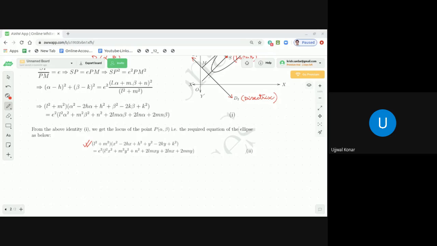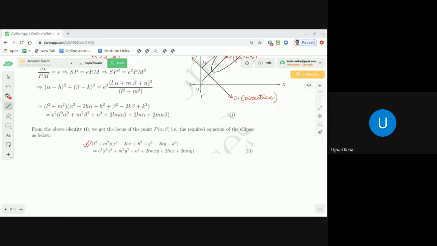Now, dear students, if you recall the general equation of second degree in x and y. What is the general equation of second degree in x and y? Ax square plus 2hxy plus by square plus 2gx plus 2fy plus c equal to 0.